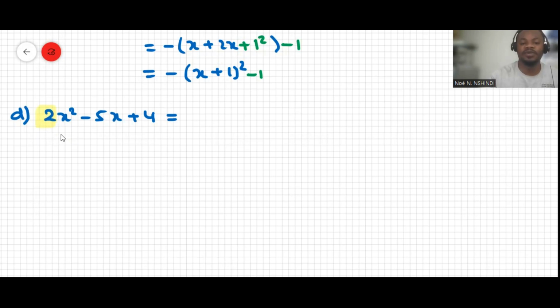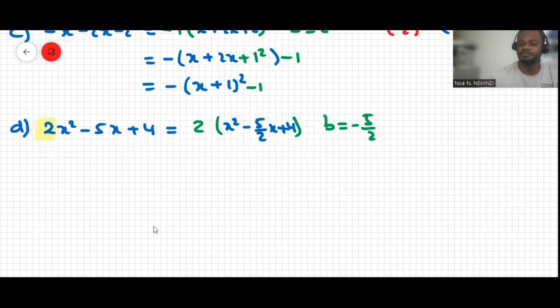So we're still going to factorize here. I'm going to take 2 as a common factor, and then it's going to be x squared minus 5 over 2x plus 4.